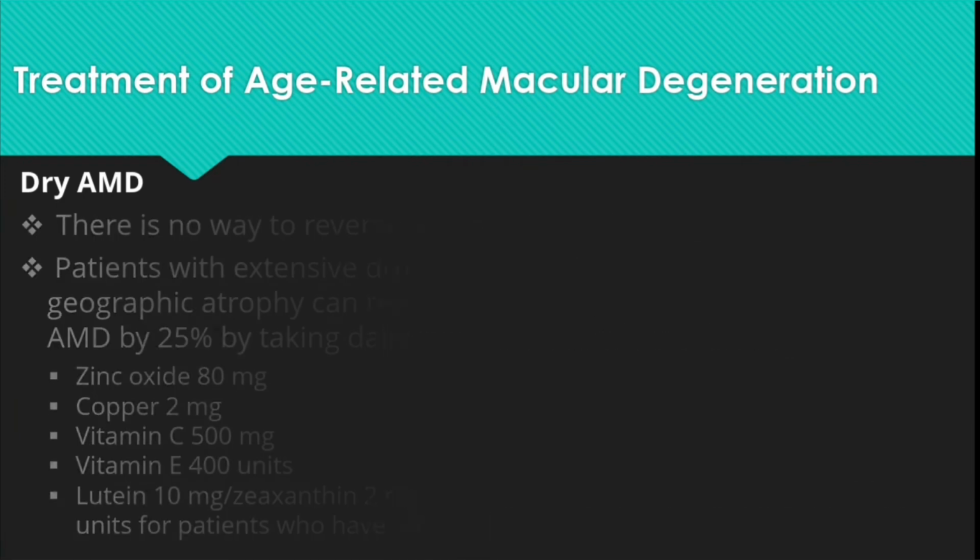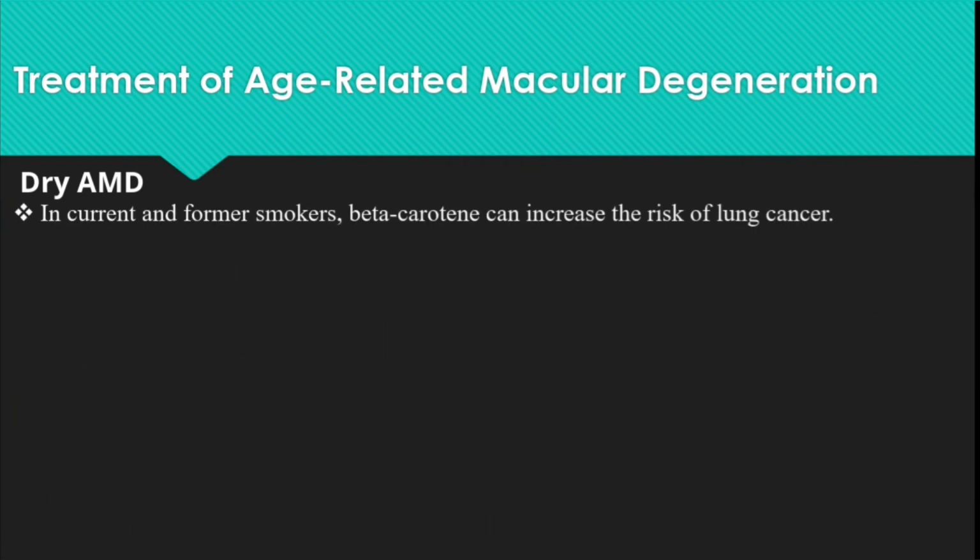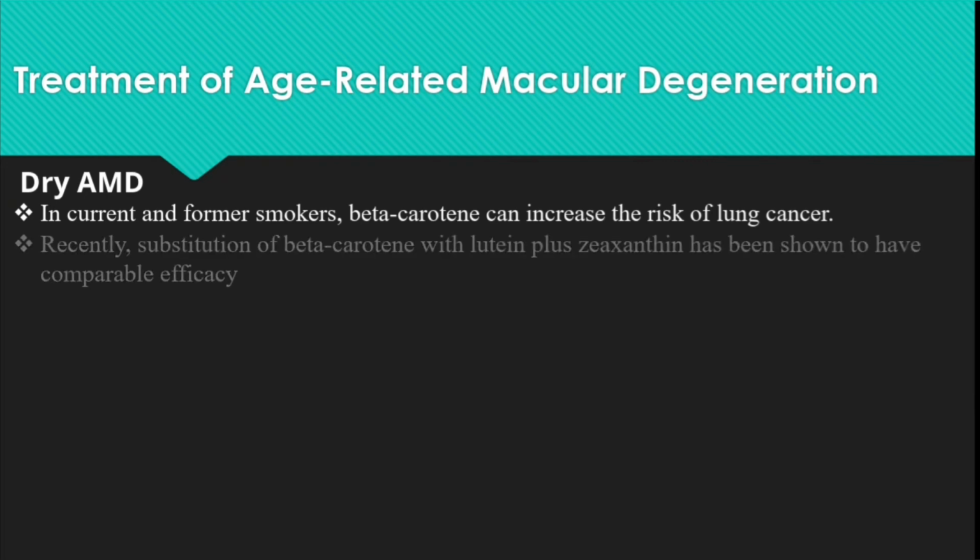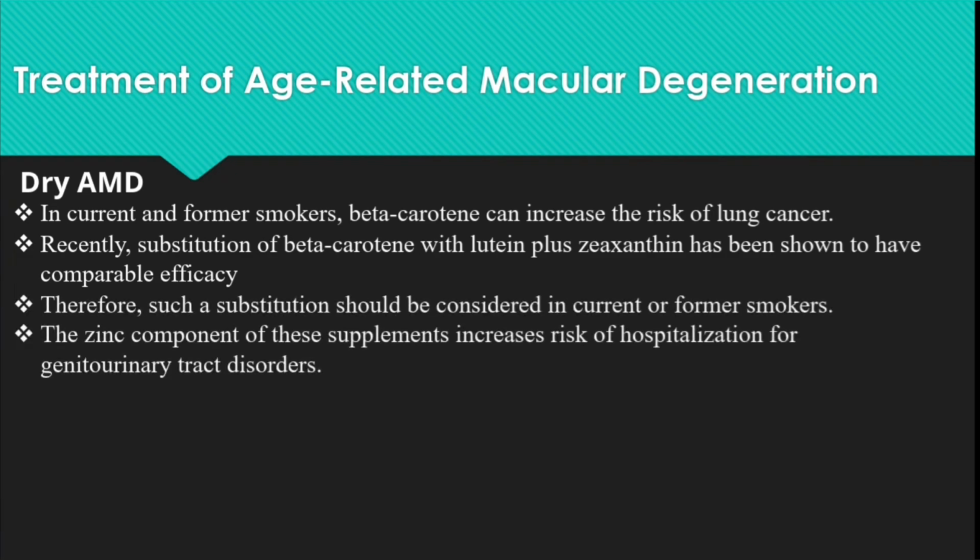All right, what about the smokers? In current and former smokers, beta carotene can increase the risk of lung cancer. Recently, substitution of beta carotene with lutein plus zeaxanthin has been shown to have comparable efficacy. Therefore, such substitution should be considered in current or former smokers.